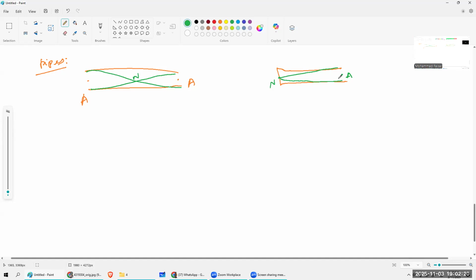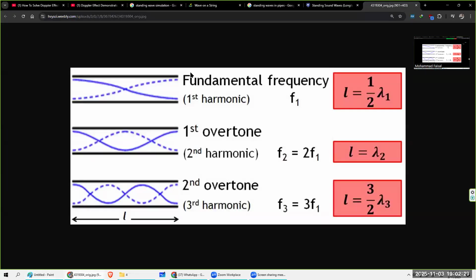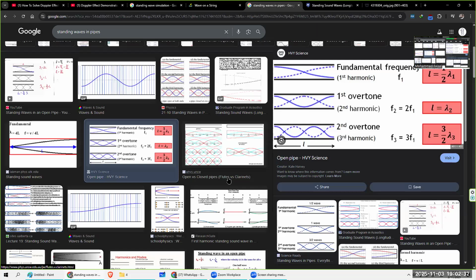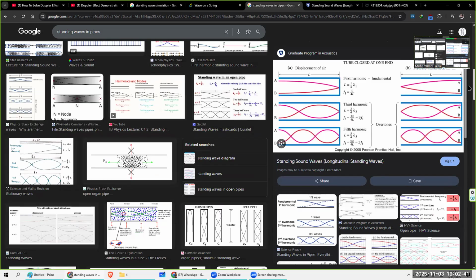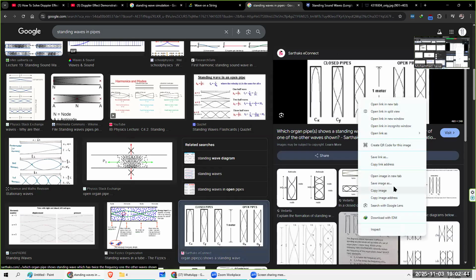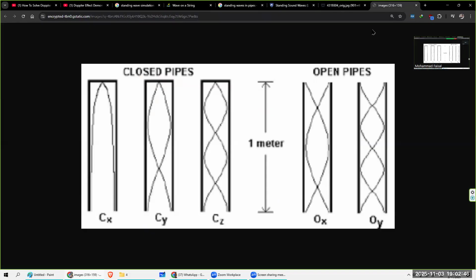বুঝাচ্ছে কেন? Because lambda by 4, 3 lambda by 4, 5 lambda by 4, 7 lambda by 4, that way. How does multiple different figure look like? দেখো, have a look, people.